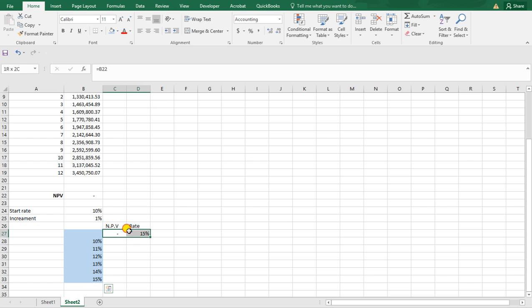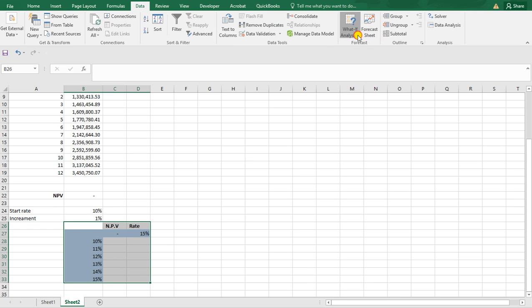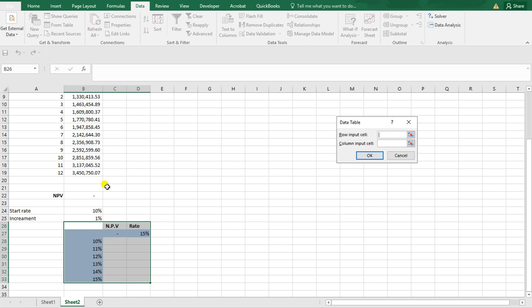I'll be having it as that, just formatting it to be kind of neat. So I'll have to highlight our data. Then we come to data, what if analysis. This time around I'm going to use data table, and which cell do we want to get the results from? What is our argument?